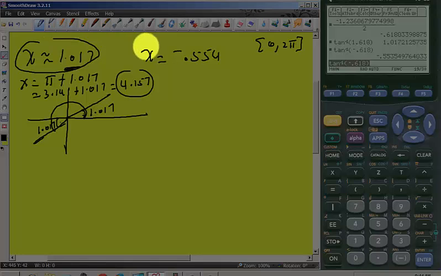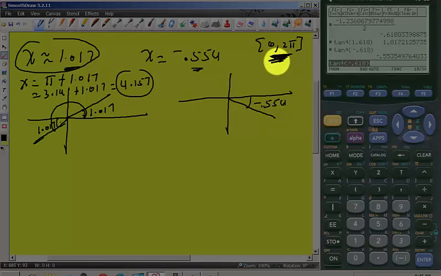That's done. Now I have to go over here. The angle that I'm given, because my calculator is not very smart, it only deals with first and fourth quadrant for tan inverse. This is the angle it gave me. But I can't use that because I'm going from 0 to 2 pi. Same concept, like it's giving me negative pi/6, but I can't say negative pi/6 because I have a domain restriction here.